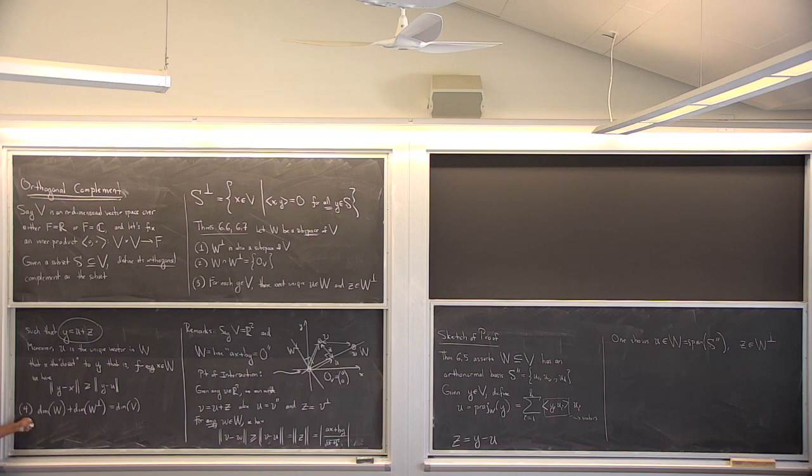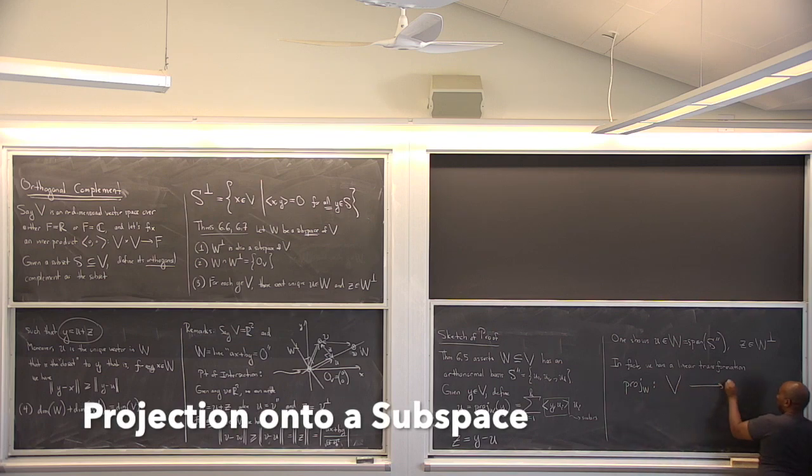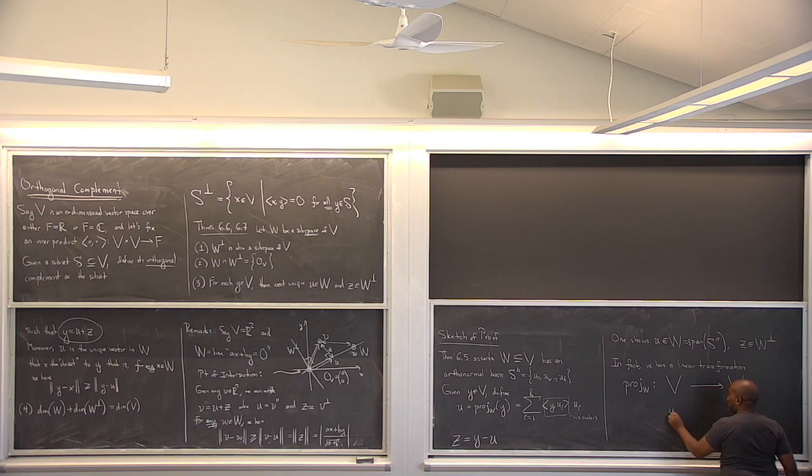Now let me keep going a little bit to explain more what's happening here. In fact, now we have a linear transformation, this proj sub W going from V to V. So what this does is it'll take a y here and send that to this sum.